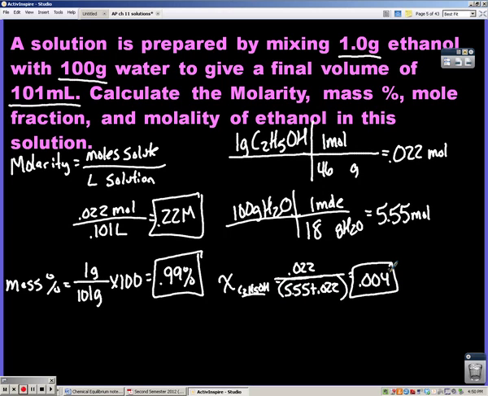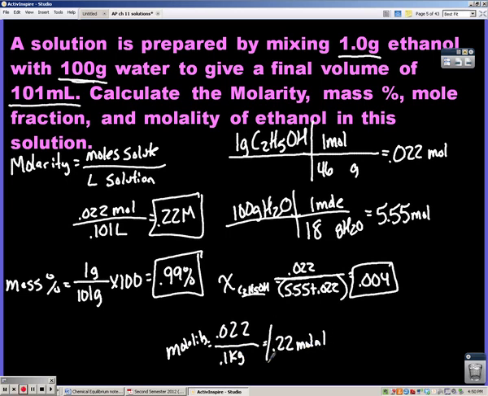And finally, I have molality. So molality, remember, was moles of solute over kilograms of solvent. So I still have my same moles, 0.022. But now I want kilograms of solvent. My solvent was water, so I need to convert my 100 grams to kilograms, and that's 0.1.